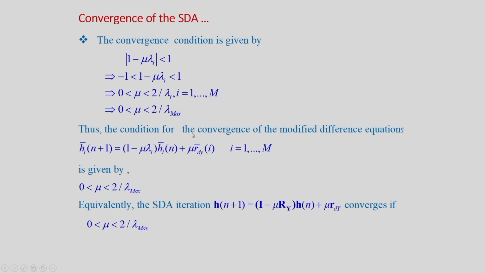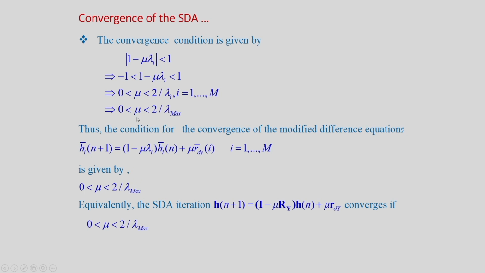Thus, the condition for the convergence of the modified difference equations h I bar n plus 1 is equal to 1 minus mu lambda I times h I bar n plus mu times r dy bar I, for I equal to 1 up to m, is given by mu lies between 0 and 2 by lambda max.